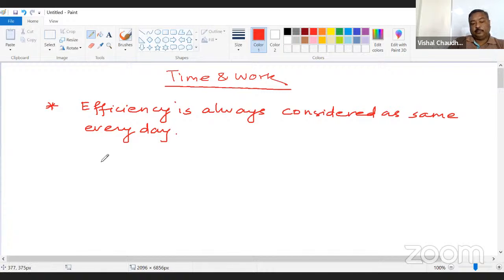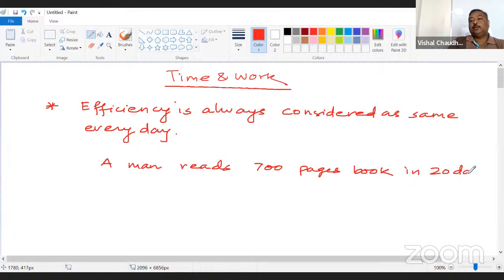Suppose a man reads a 700 pages book in 20 days.